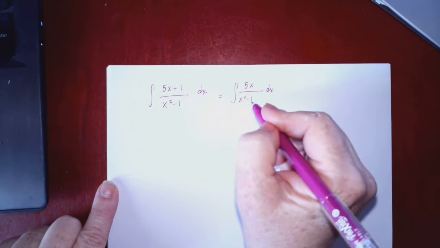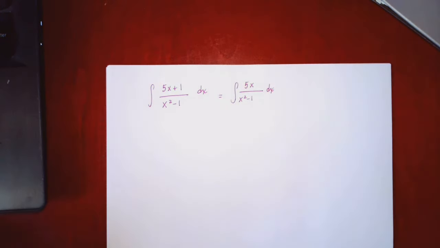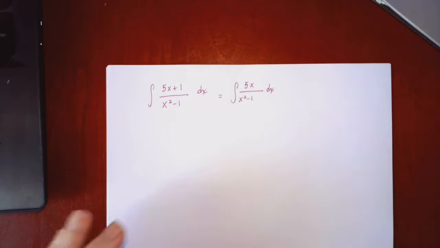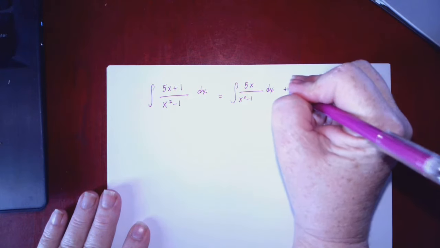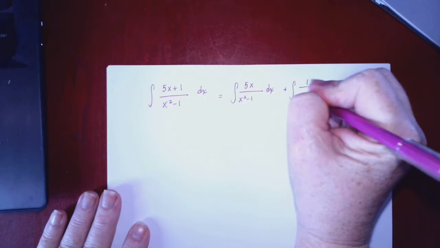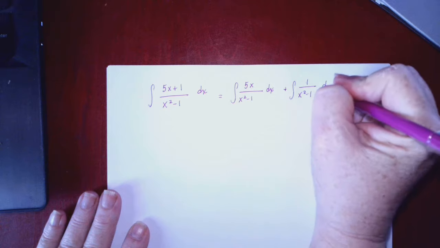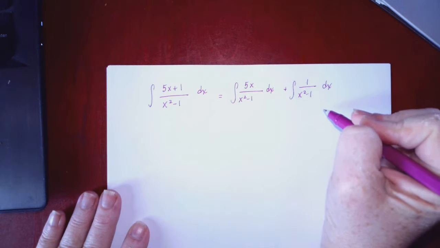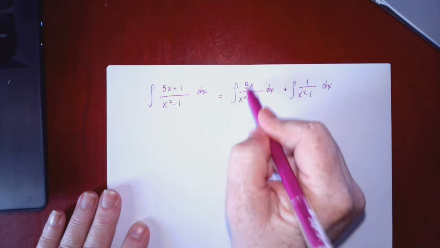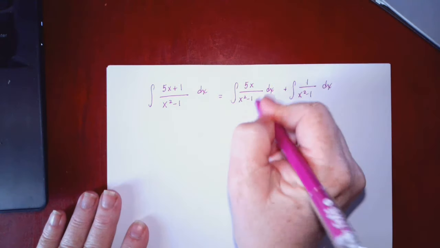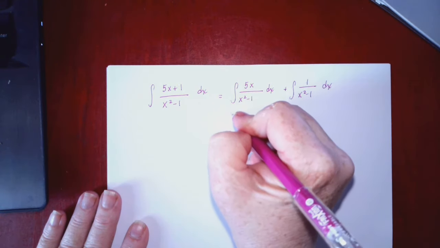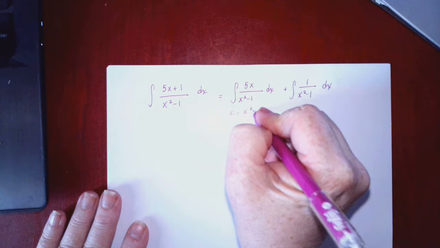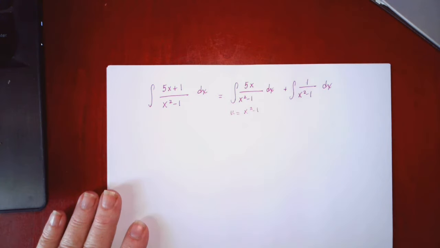Great, I can integrate that part with just a plain old substitution, a generic one that we did back in section 5.5. And then I would have plus the integral of 1 over x squared minus 1 dx, which is not quite as pleasant. But let's do this easier part first. For this part, I would just let u equal x squared minus 1.